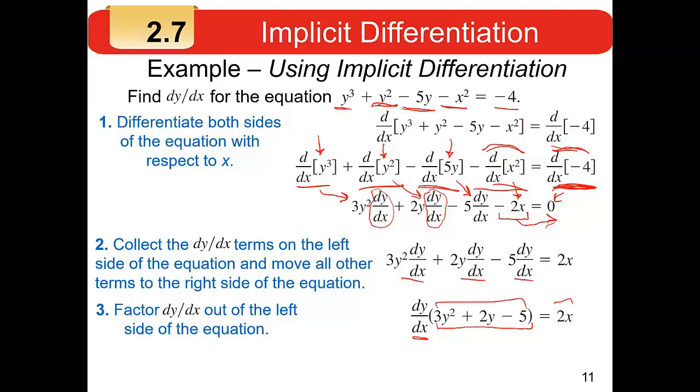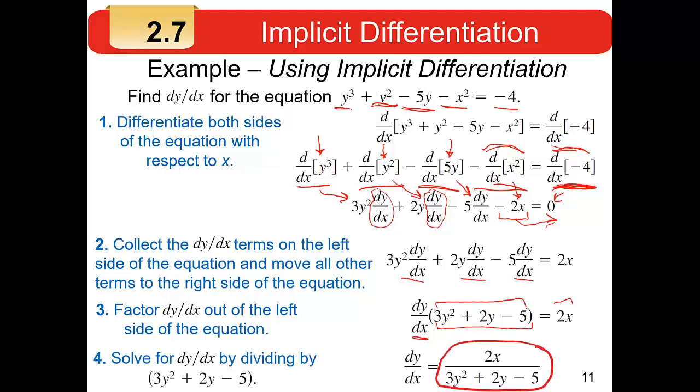Divide both sides by that trinomial, and you'll end up with dy over dx equals the fraction 2x over the quantity 3y squared plus 2y minus 5. And once you've solved for dy over dx, you've done exactly what the problem asks you to do.